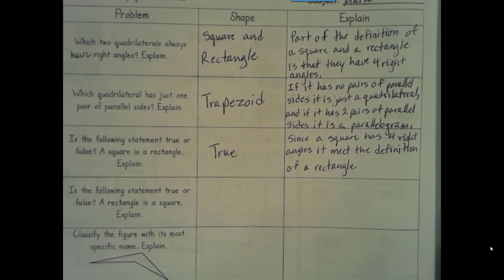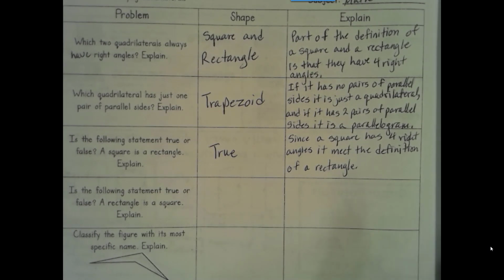Similarly, if we asked if a square is a rhombus, we could say it's true. Since a square has 4 congruent sides, it meets the definition of a rhombus.